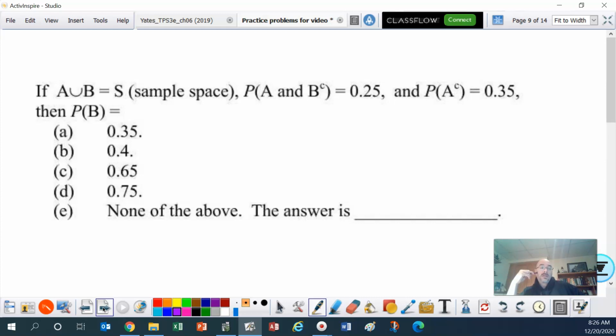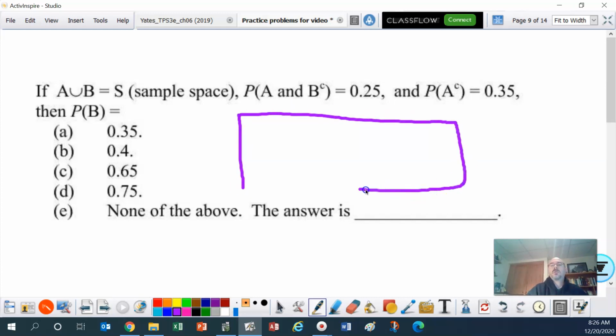And the probability of A complement is 0.35. Then what in the world is B? Ooh, this sounds like a Venn diagram situation to me, folks. So let's see, A or B is the sample space.